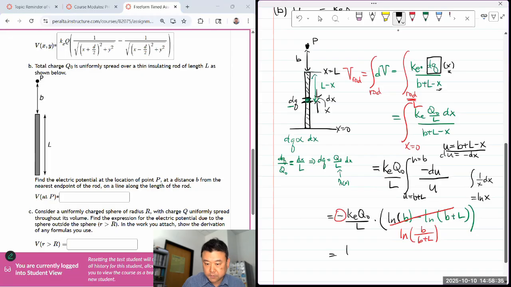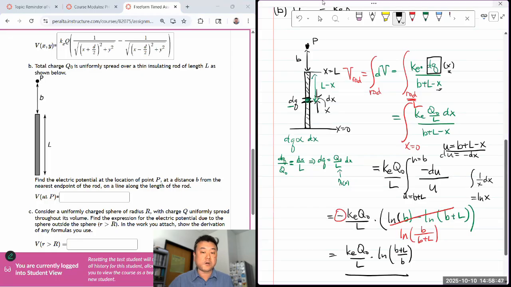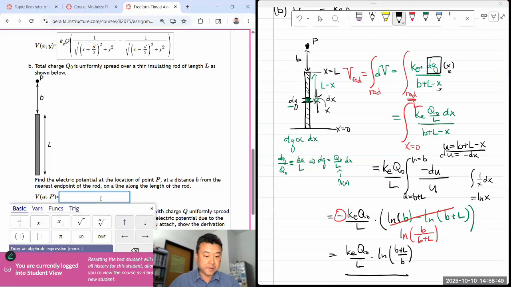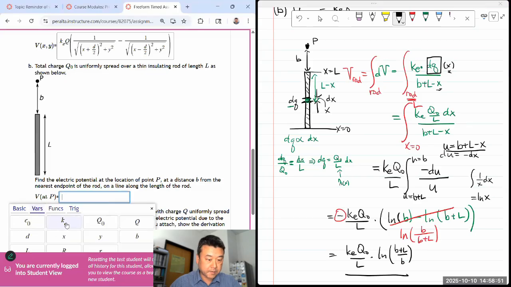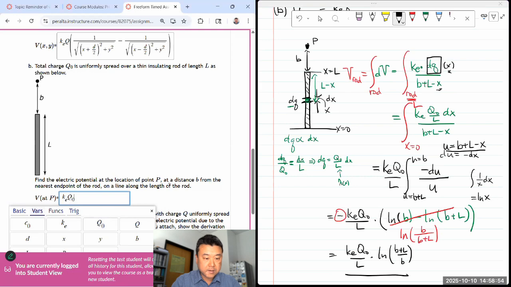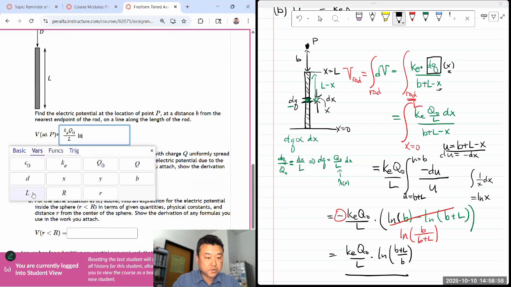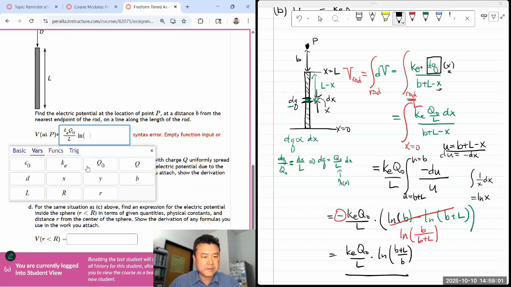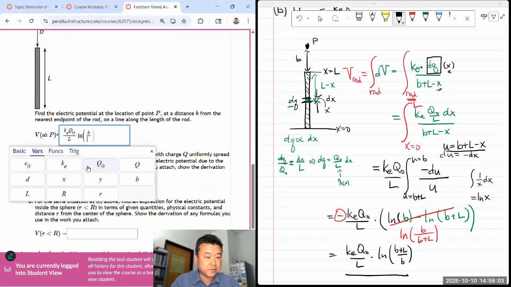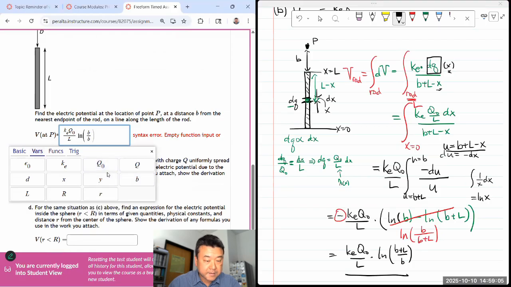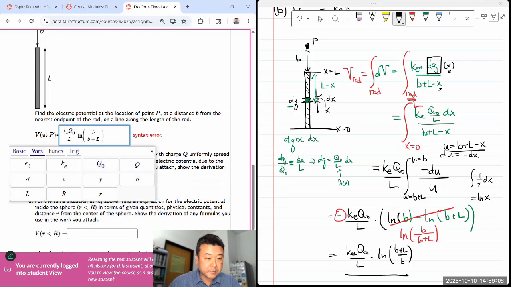Then it equals Ke q naught over L times natural log of b plus L over b. This is manifestly positive because that's a ratio bigger than 1, and the natural log of that will be positive. So that's the simplest form: Ke times q naught divided by L times natural log of b plus L over b. The answer entry method does implicit multiplication, so I don't need to put a multiply sign if I don't want to. So that should be correct.